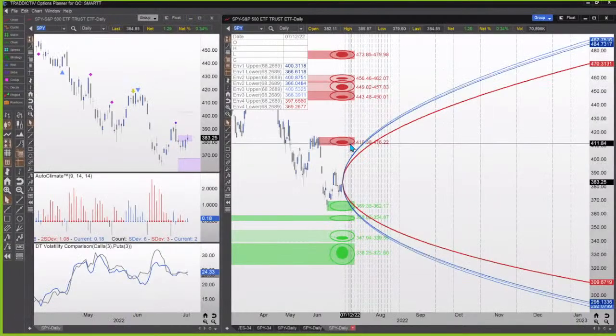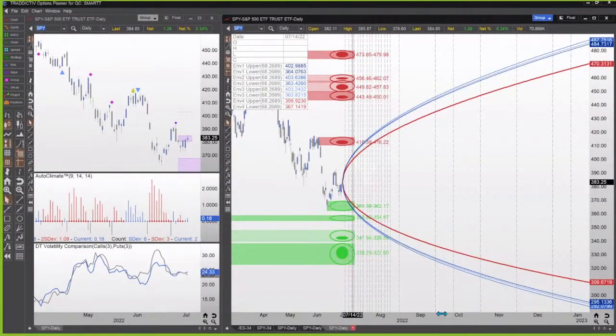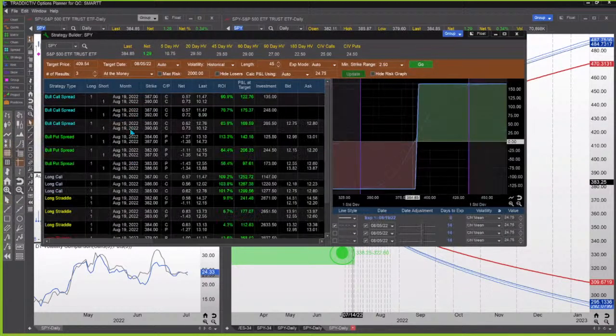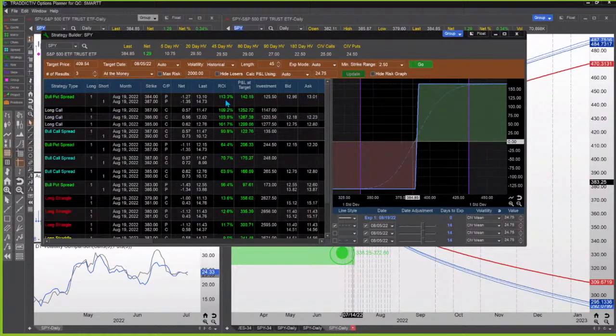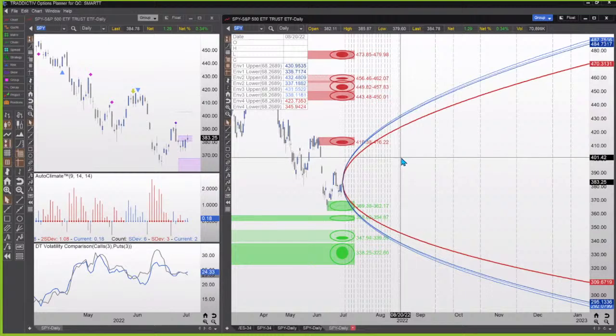So if you want to take a trade with the S&P and you don't know how to trade options, you right click, you send the trade to our strategy builder, and it's going to build the options for you, including the spreads that are going to be built for you automatically here. So then you can just sort based on return on investment, and you're like, okay, this trade can make for me up to 113% return. If I'm right, let's go for it. And again, I just wanted to flash this in case you were wondering what this tool was.